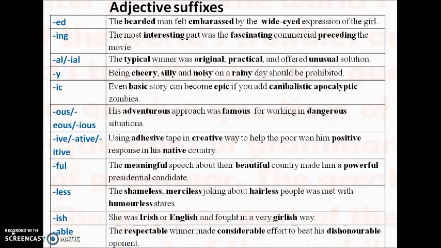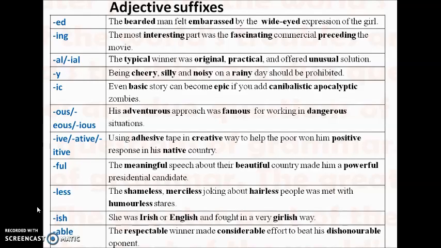Another group is ive, ative, or itive, like in adhesive, creative, positive, or native. Next suffix is full, which means with, like in meaningful, with meaning, beautiful, with beauty, or powerful, with power.